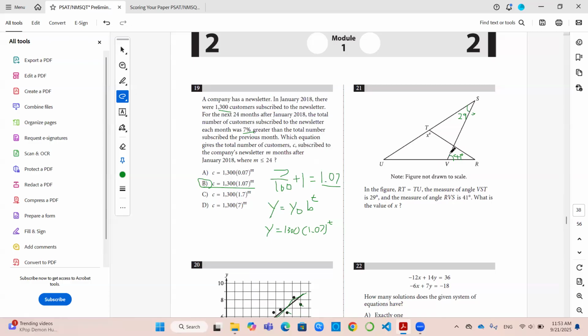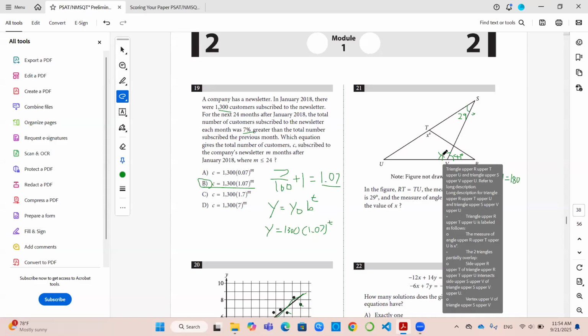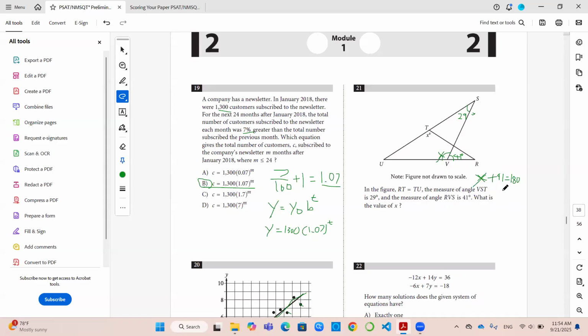I can immediately calculate this angle, since the angles have to add up to 180. I'm sorry, this should be y, just to avoid confusion. So y plus 41 is equal to 180, so my y here is going to be 139.